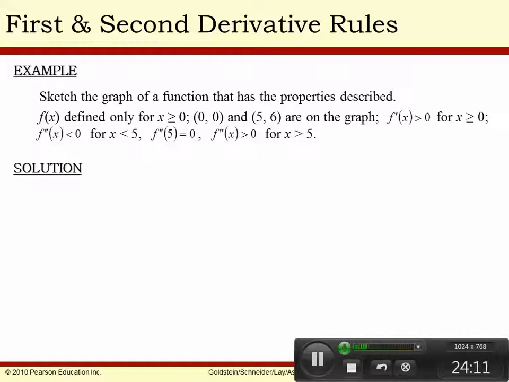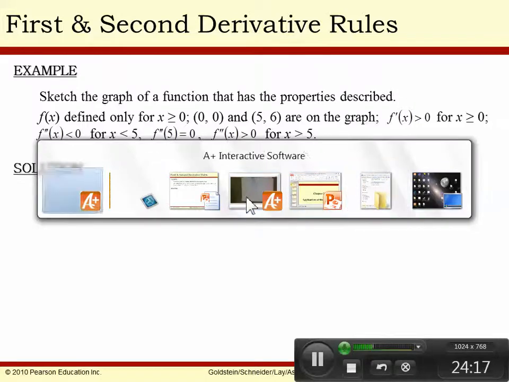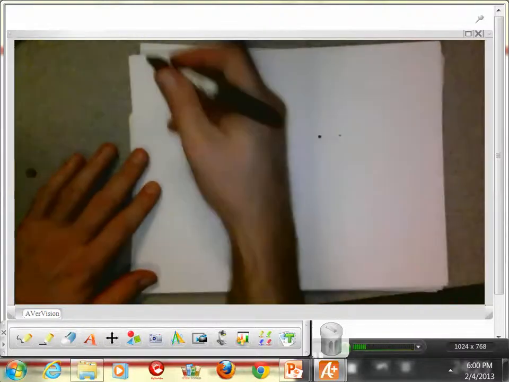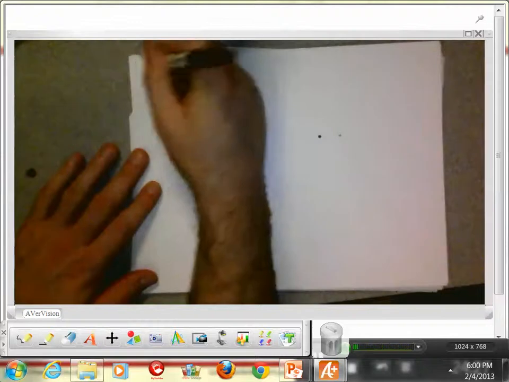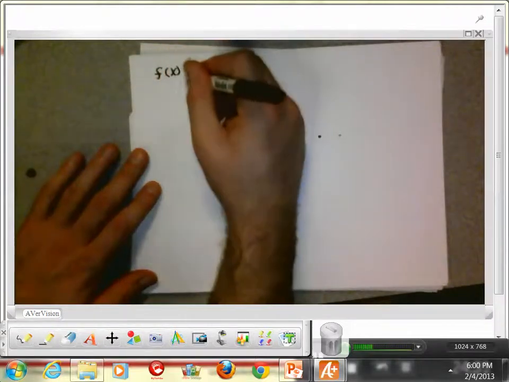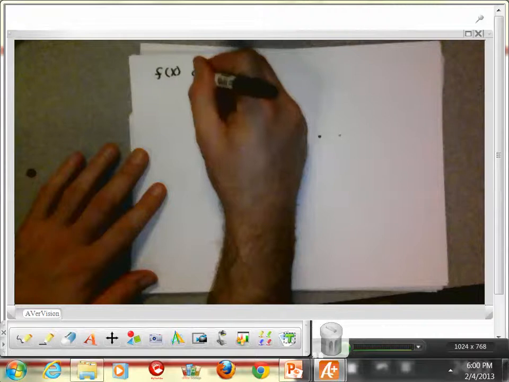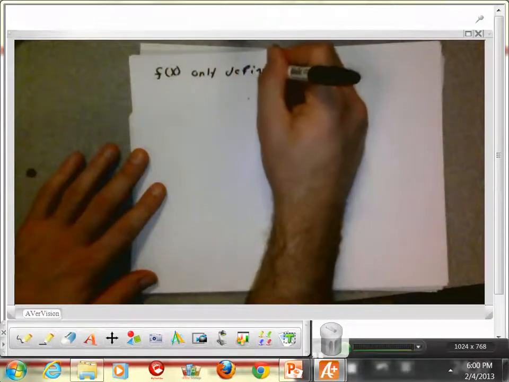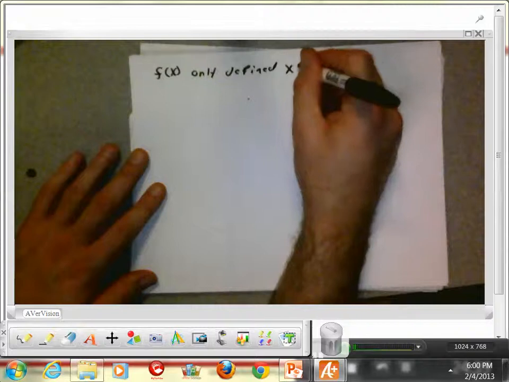So let's try drawing this. The properties of this function again are that f of x is only defined for x greater than or equal to 0.